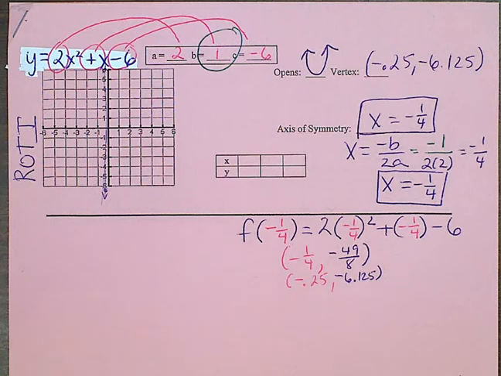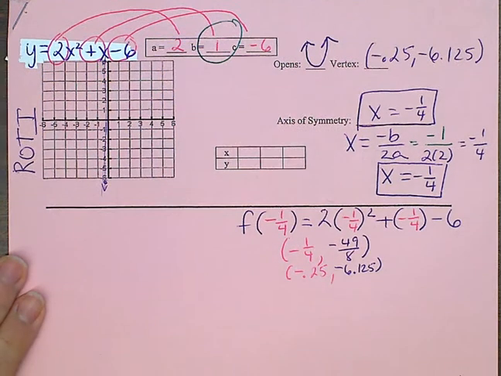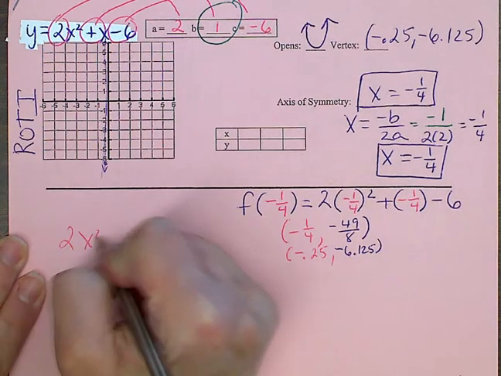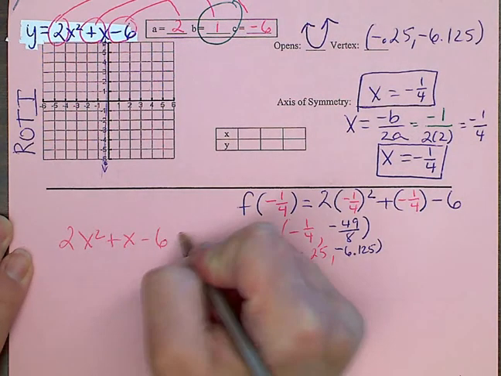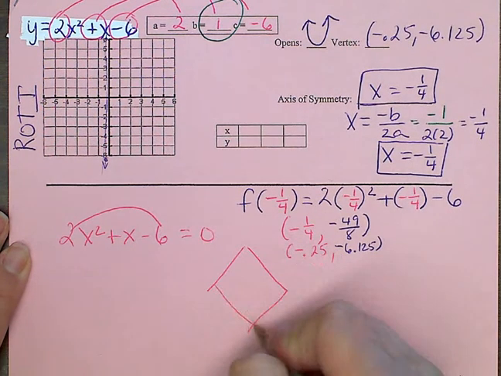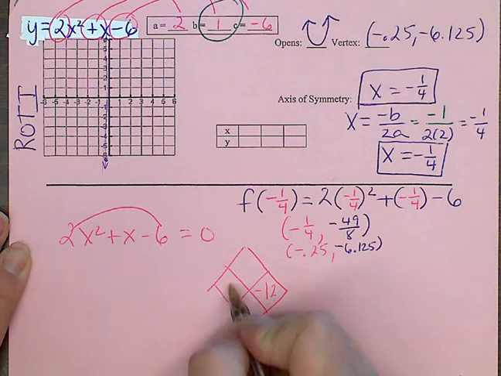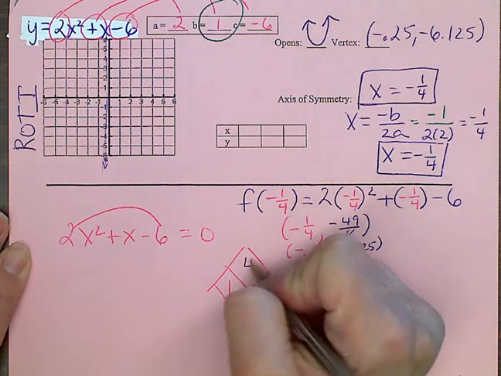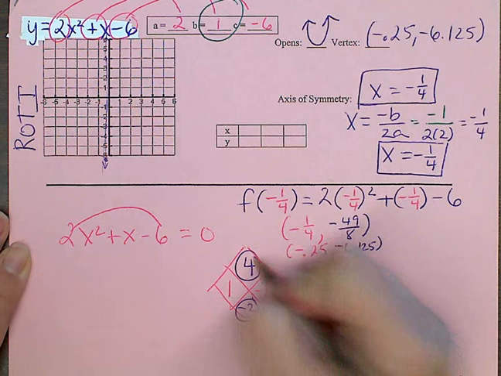The next thing we can do is find the zeros of this function. So I'm going to rewrite the function. I'm going to set it equal to 0, and I'm going to solve by using AC hard. In our class, we use a diamond to help us realize what we're multiplying to and what we're adding to. The numbers that I'm selecting are 4 and negative 3.